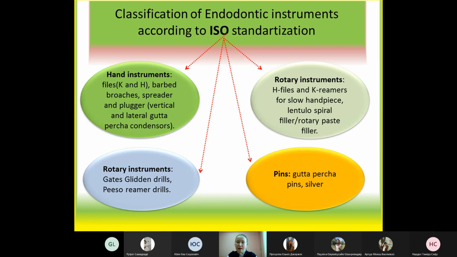They fit in hand pieces. Rotary instruments such as Gates-Glidden and Peeso reamer drills, a separate group of instruments for enlargement of root canal orifices, and pins such as gutta percha or silver pins.